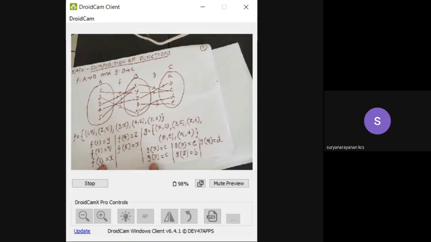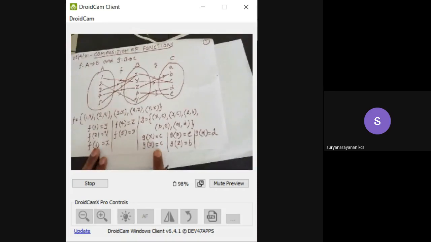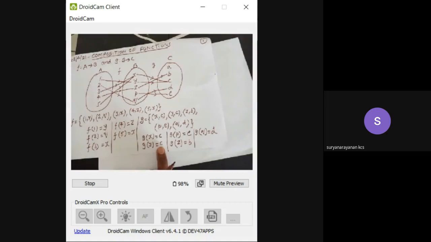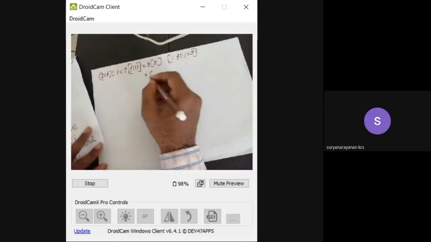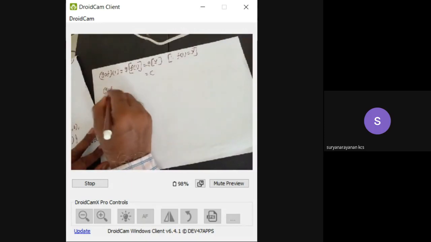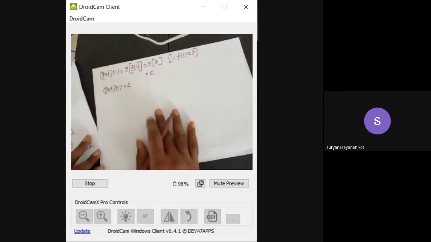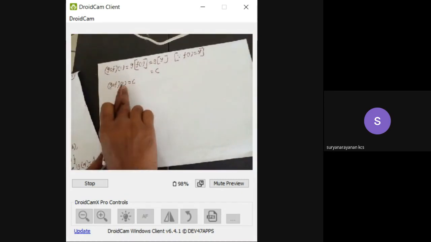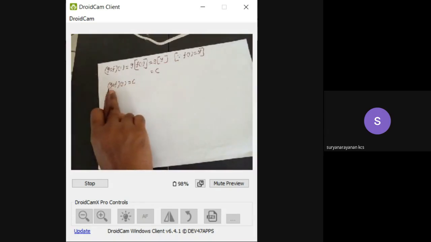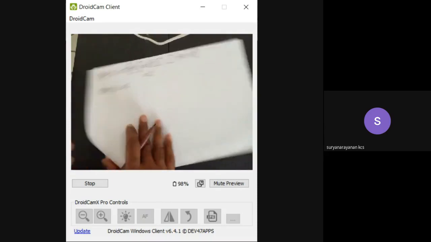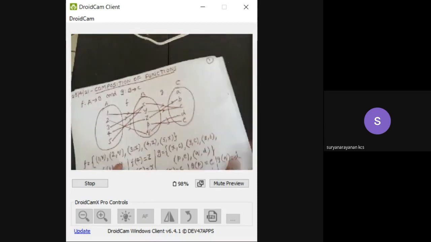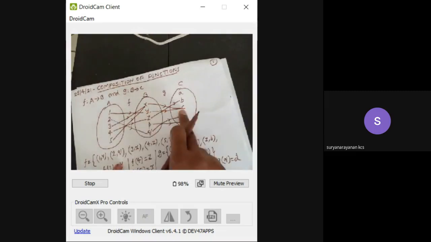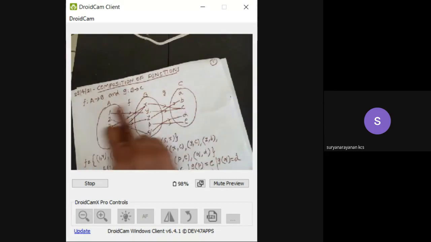See here, what is g of y? C, sir. So G circle f of 1 is equal to C. This means the image of element 1 under this function G circle f is C. Previously I told you here 1 is associated with y and y is associated with C. We take the first and last elements.